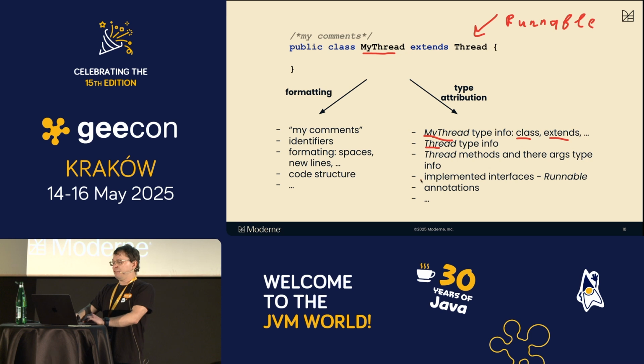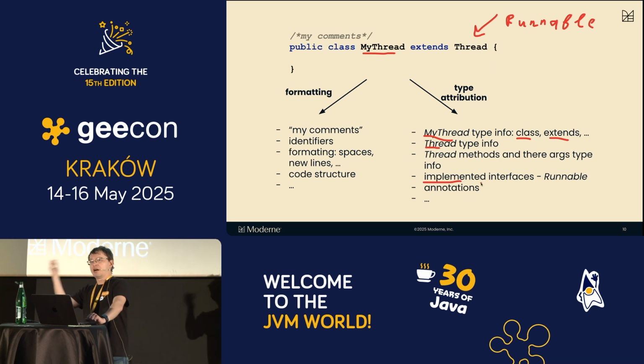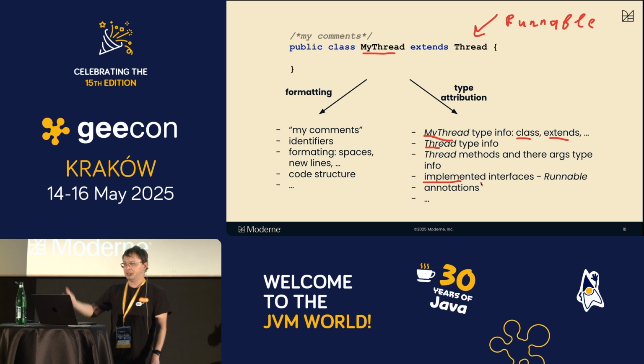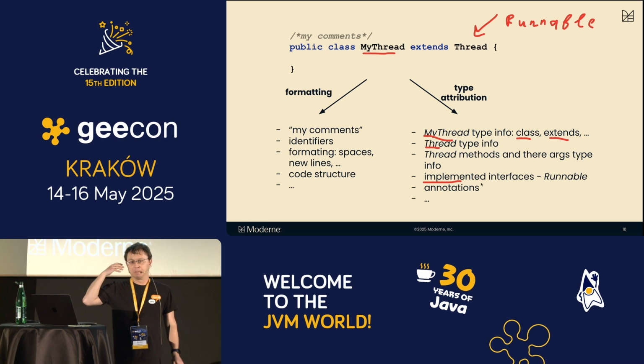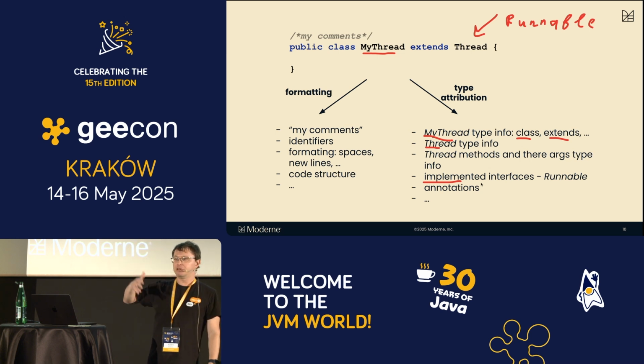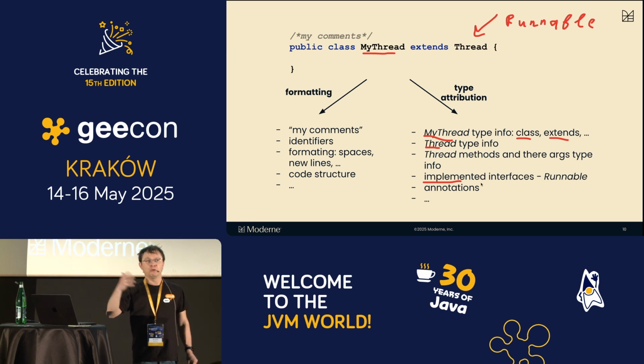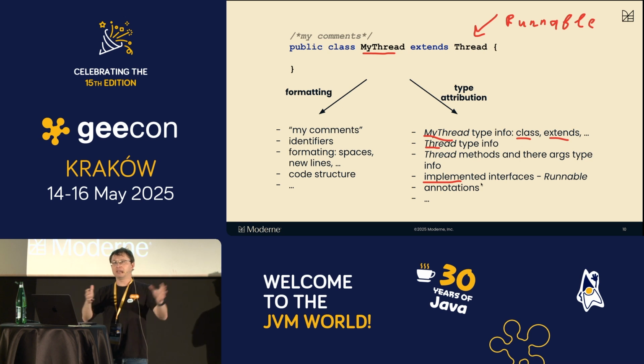And finally, we find that Thread implements Runnable, and for Runnable, we take information on what methods Runnable has and what annotation it has. So during the stage of building the LST tree, all dependencies need to be available.